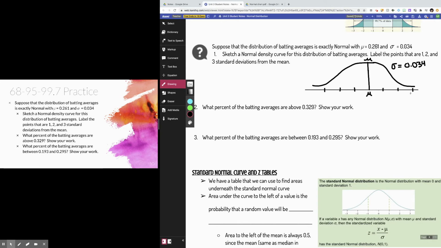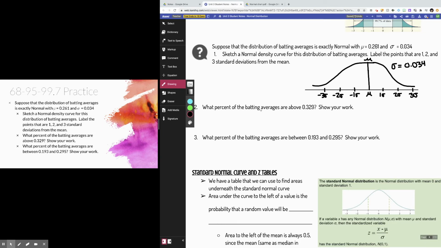This tick mark is one standard deviation up, this one is 2 standard deviations up, and this one is 3 standard deviations up. Going to the left, this tick mark is 1 standard deviation down, this one is 2 standard deviations down, and this one is 3 standard deviations down.